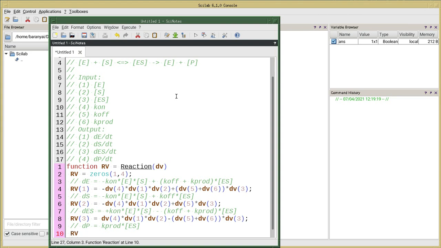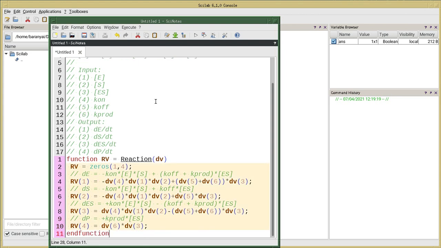So the return value number 4 will be the data vector production number 6 multiplied by the enzyme substrate complex concentration, data vector number 3. This is it. And here I would like to highlight that this is plus. Okay, so now I am ready with this reaction.